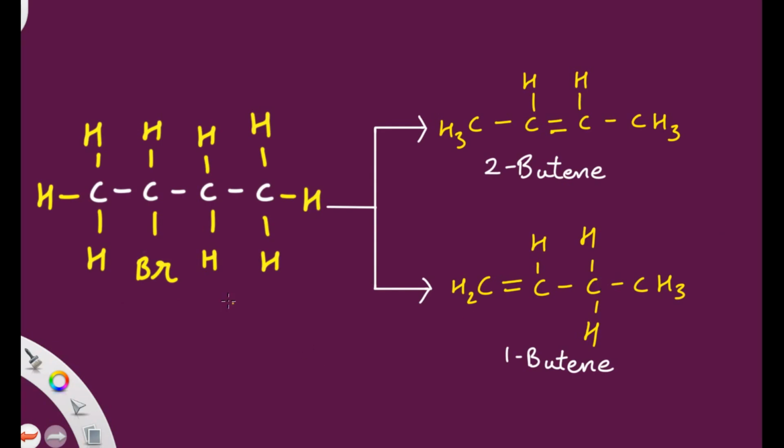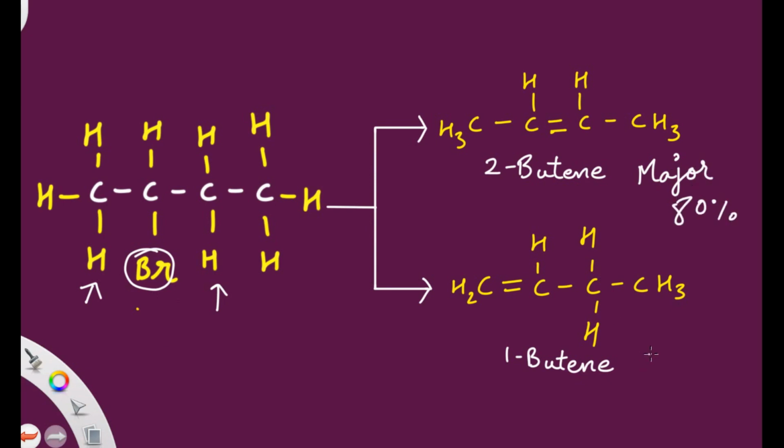Now this is an alkyl halide. After the dehydrohalogenation, meaning after the removal of this bromine and one of the hydrogens, either from this carbon or from this carbon, the possibility of getting two products is there. First one is 2-butene and the second one is 1-butene. Now let me tell you, this one is major. This one is the major product, 80% yield.